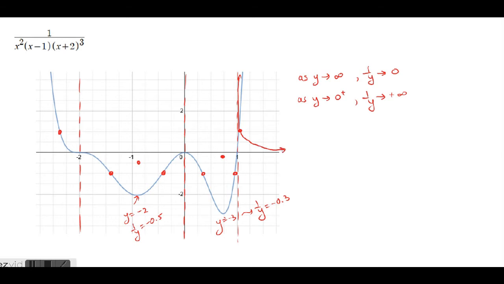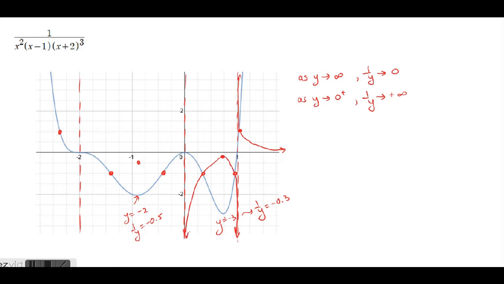Another way of remembering things: if the graph is increasing, your graph will decrease. In this portion right here, the original polynomial is decreasing and then increasing, so our graph will do the opposite. It will increase first like this and then decrease afterwards.